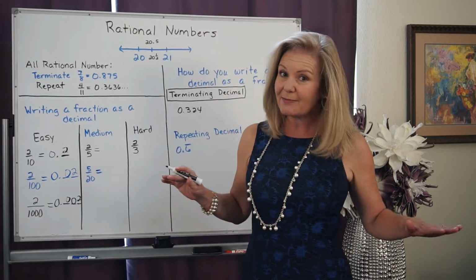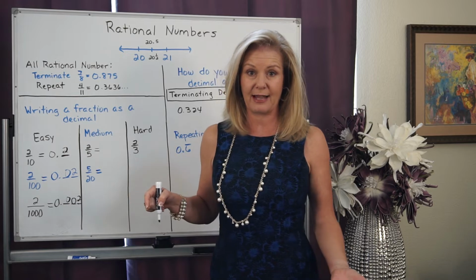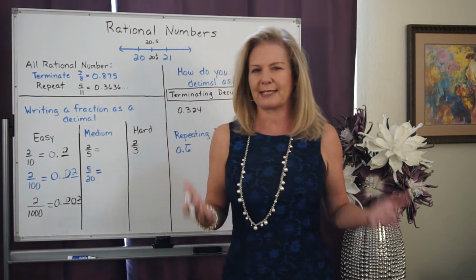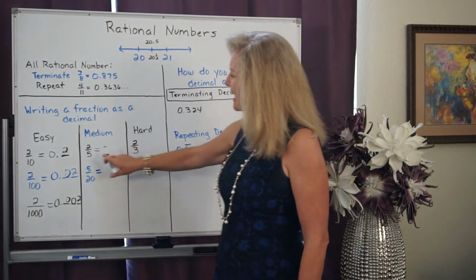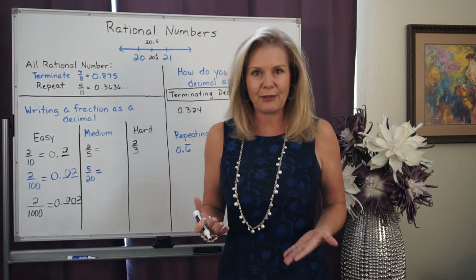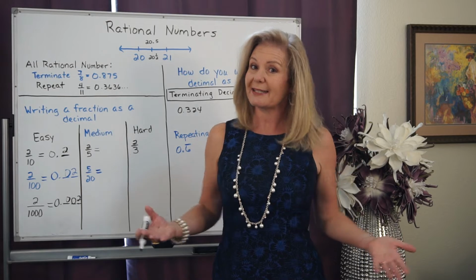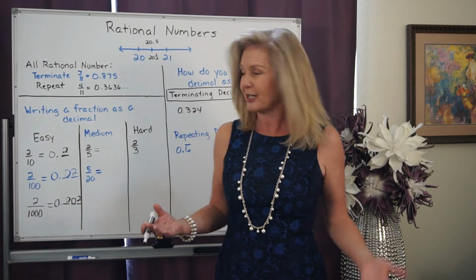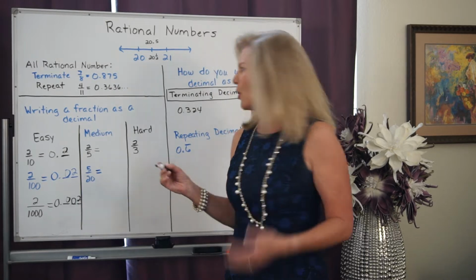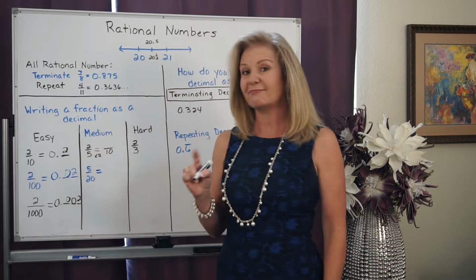Now sometimes we don't have fractions with denominators that are a 10, 100, or 1,000. So this is where we're going to come to the medium way. We have an extra step here. So I take a look at these denominators and I think to myself, is there a way to get those denominators to be a 10, 100, or 1,000? Really, essentially, I'm just making equivalent fractions. Well, I take a look here and I see 5, and I think to myself, well, I know that 5 times 2 is 10.